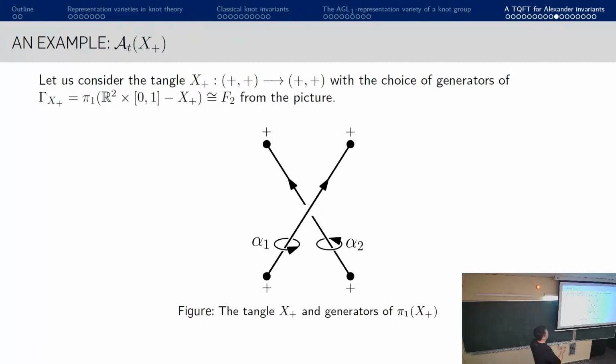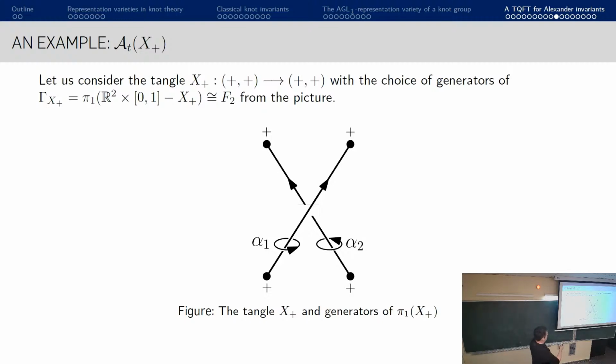The fundamental group of the tangle, that tangle sitting inside R2 times [0,1], has, this is Wirtinger again, one loop there, alpha 1, one loop there, alpha 2, and then you've got that alpha 3, which is conjugated to alpha 2 via alpha 1. So it's the Wirtinger relation we showed and used for the fundamental group. You can use it to compute the fundamental group of the tangle.